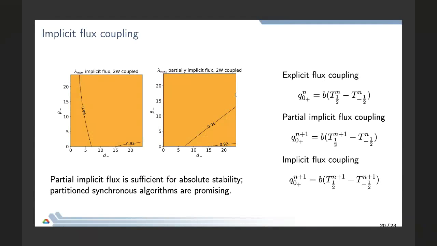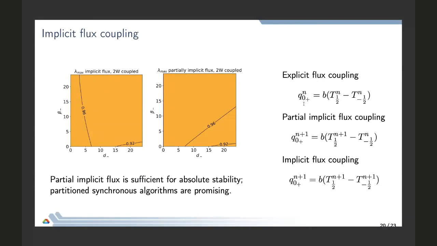The first scheme is called explicit flux coupling. This one is the most common strategy in practice. It means people just calculate flux using the previous information, either from the previous time step or previous time window, or it could be some average value in the previous time window.